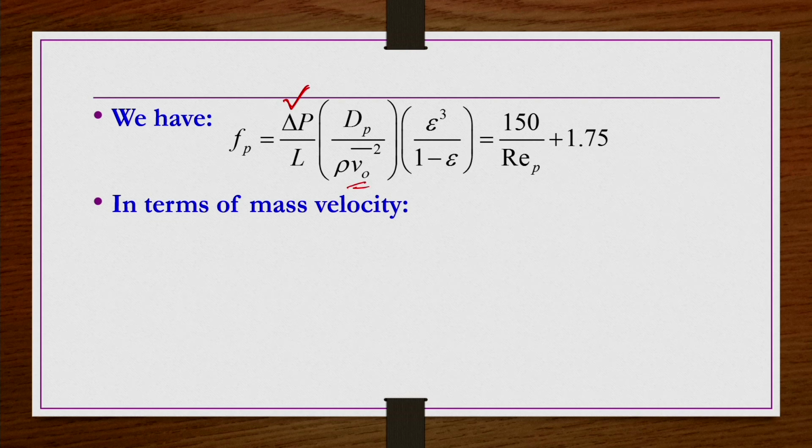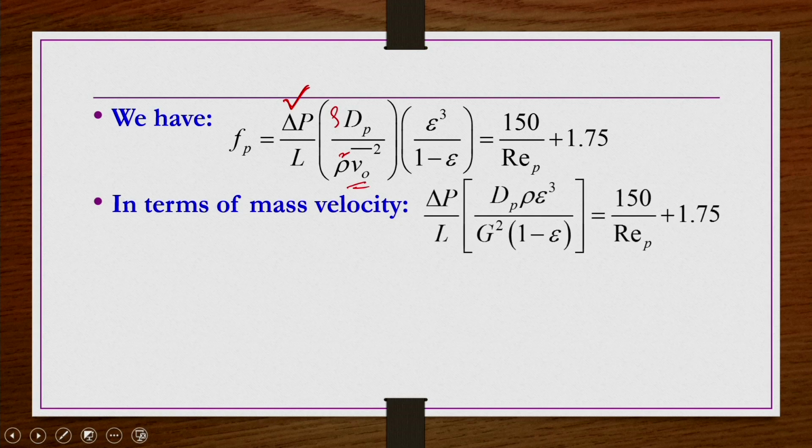So, we multiply by rho and divide by rho, so that in the denominator we have rho square V naught bar square, which we can write as g square. Then we get delta P by L, dp rho epsilon cube by g square (1 minus epsilon), equals 150 by Rep plus 1.75.